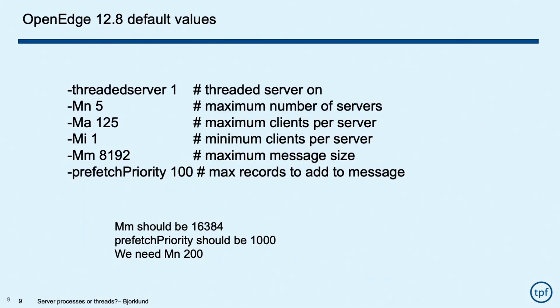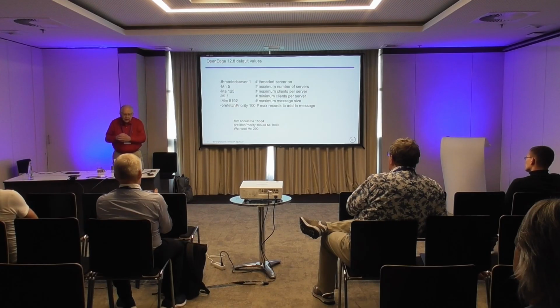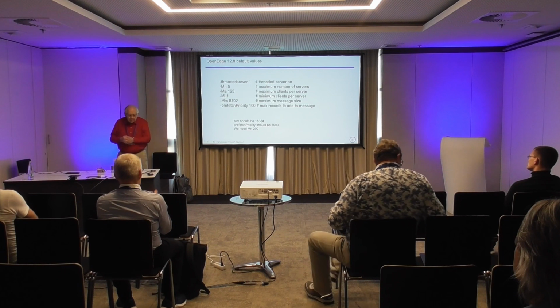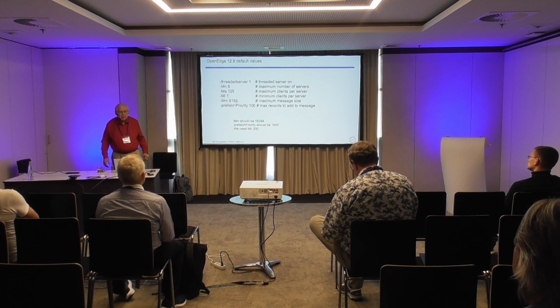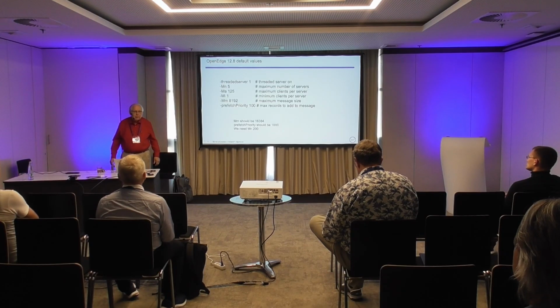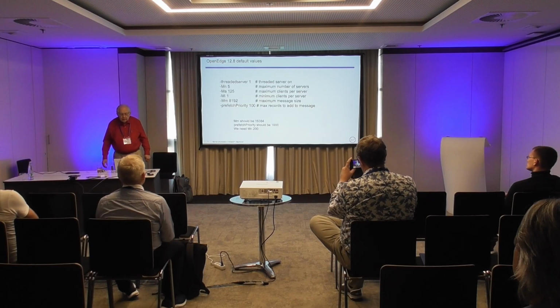OpenEdge 12 has changed the default values for various things. Here are some of them, mostly the ones related to things we're doing. The threaded server is on by default. You get a maximum of 5 servers with 125 clients per server.